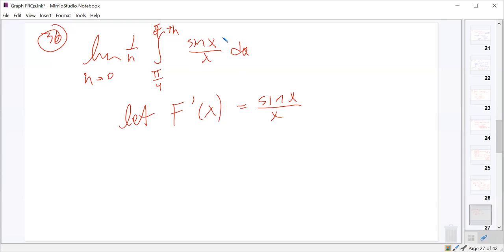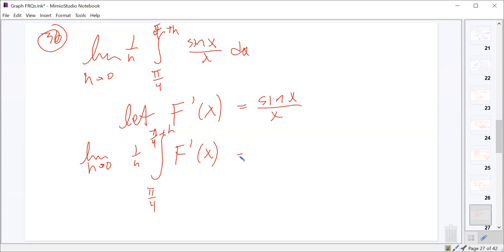So we're going to call this function inside of here the derivative of some function capital F. And so effectively what we'd have here is capital F prime of x inside of the integral. Hopefully this will make it easier to understand. This one's a complicated one that I wouldn't necessarily expect to look quite like this on the AP test. But the integral of F prime should just be capital F.